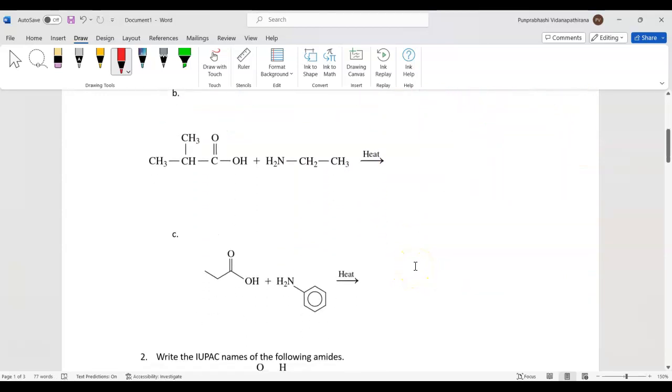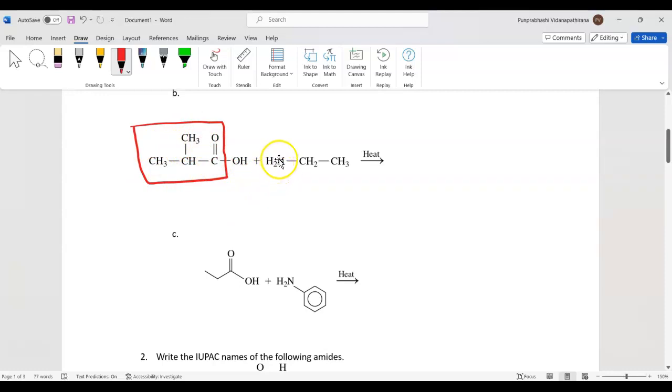I will just quickly go through part B. Now to determine the carboxylic acid fragment, you just need to eliminate the hydroxyl group of the carboxylic acid, and all other atoms in the carboxylic acid will remain to form the amide.